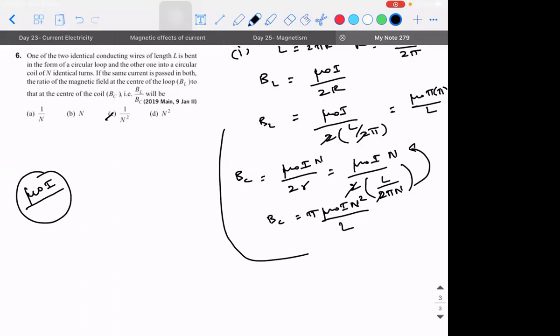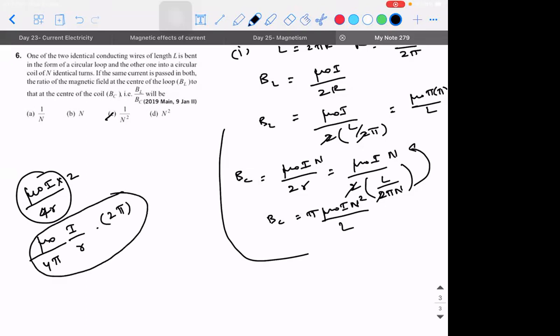So let me manipulate this. Since mu naught by 4 pi is the big formula, I will multiply and divide it with 2. So it becomes 4, into I divided by R, into a 2 here. And to bring mu naught by 4 pi, I'll multiply with pi here. Does this justify? It is the same thing. So what is the 2 pi?